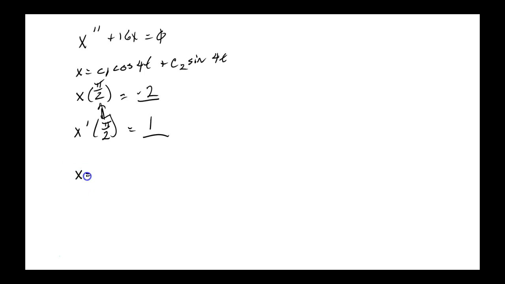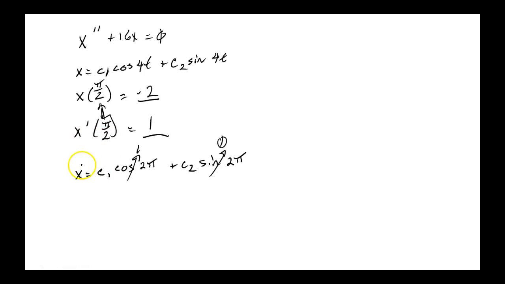So x is equal to C1 times cosine of 4 times pi halves, which is 2 pi, plus C2 sine of 2 pi. What is cosine of 2 pi? 1. What is sine of 2 pi? 0.